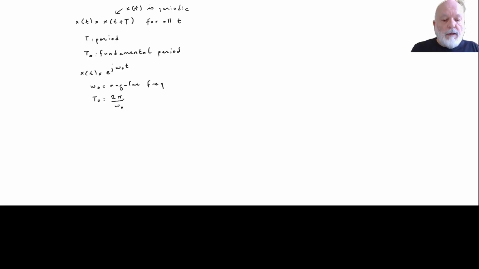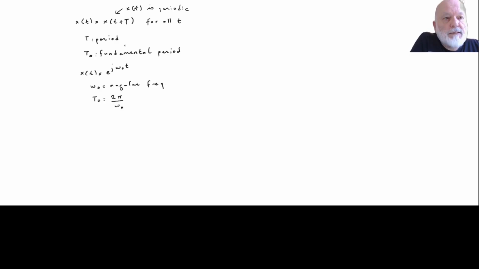Now, if you remember our previous discussions related to the complex exponential signal, there we have mentioned that the complex exponential signal is important in signal theory because it is used as a building block.